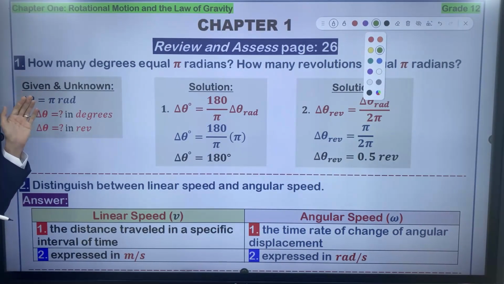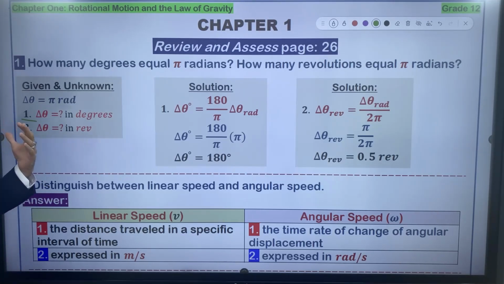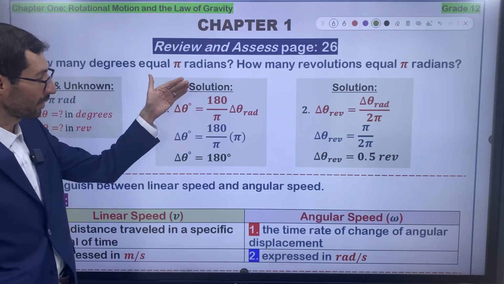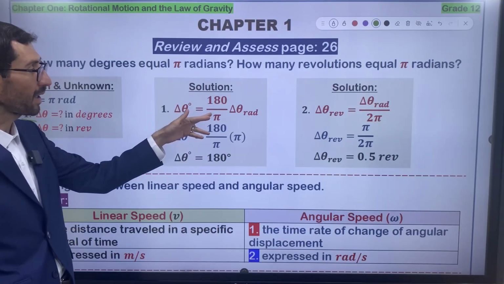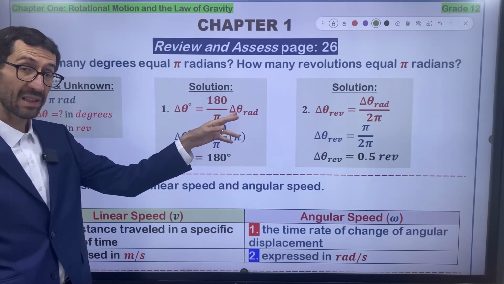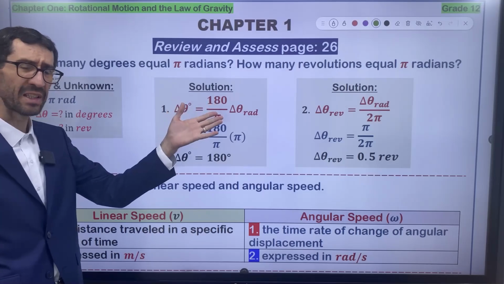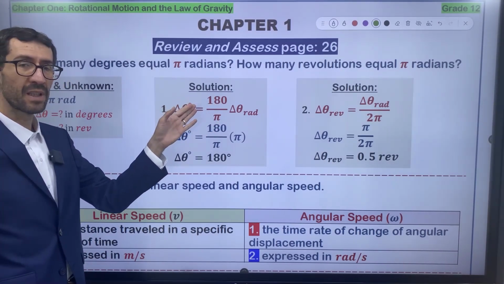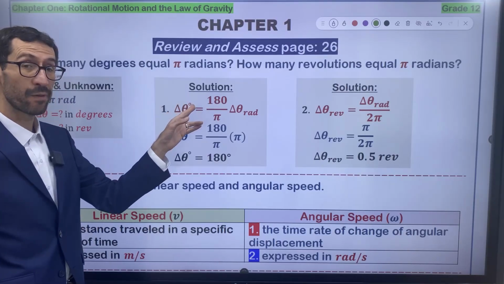Actually, delta theta is given in pi radians. First of all, we want to find delta theta in degrees. We have a rule for this purpose. Delta theta in degrees is equal to 180 divided by pi multiplied by delta theta in radians. So why did we invert the fraction?